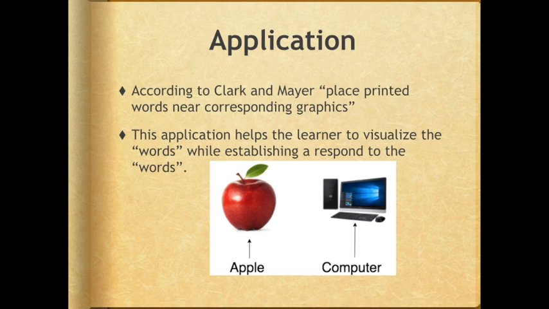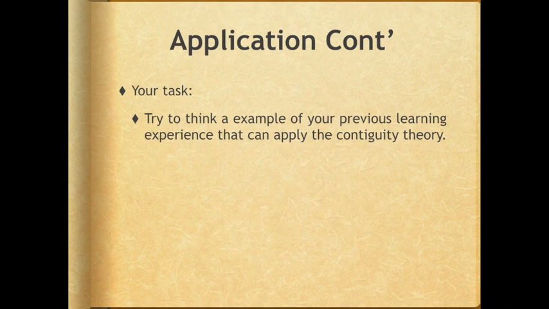It can help the learner to make the connection bond between the words and the picture if both of them appear simultaneously. Please try to think of an example of your previous learning experience that can apply the contiguity theory.